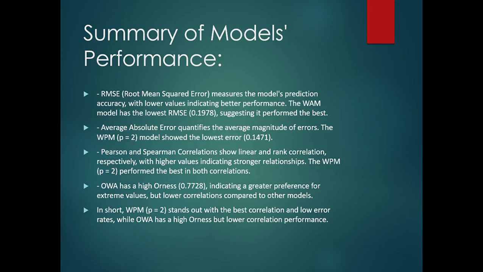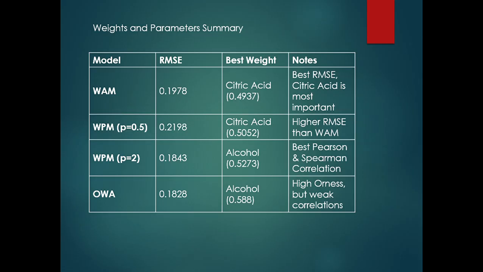For the correlations, WPM with power 2 shows the best correlations, and OWA had high orness, indicating the greater preference for extreme values. And in short, WPM with power 2 stood out with the best correlation and low error rates.